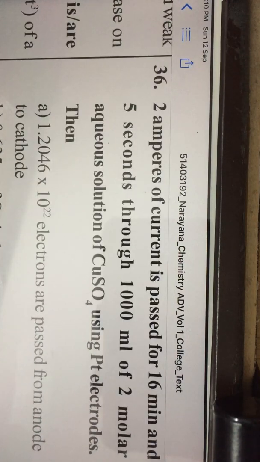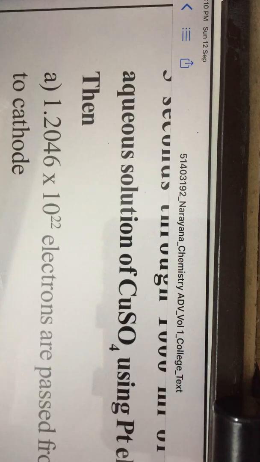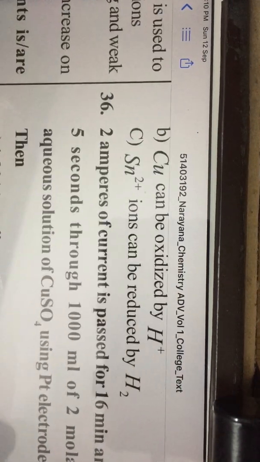You can see that this corresponds to the charge equal to how many Faradays, sir? 0.02 Faradays. That is equal to 1.2046 into 10 to the power 22 electrons. You can remember that 96,500 coulombs is always equal to the charge of 1 mole of electrons.